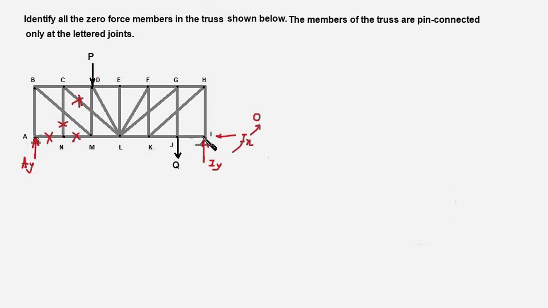There is only one force acting at joint I, and that is in a vertical direction. So as per rule number 3, these two members are not collinear. There is an external force at the joint and that is aligned with the member HI. Therefore, the member JI would be a zero force member.